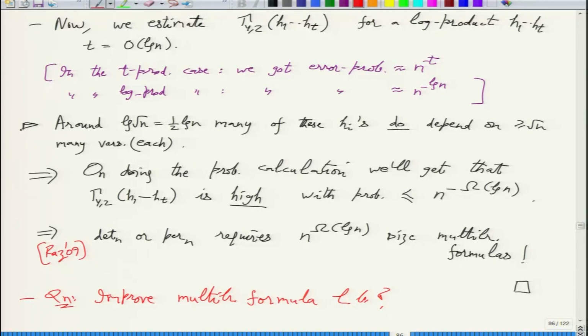Well, okay, what is the best formula you know for determinant? What is the formula complexity of determinant?